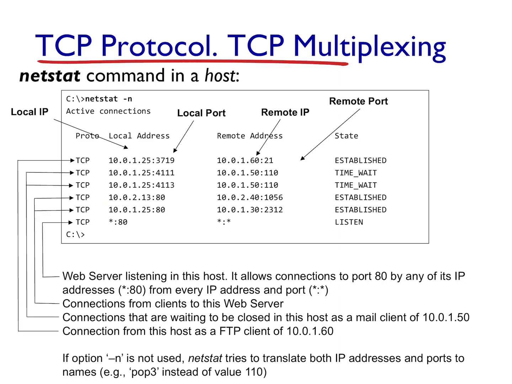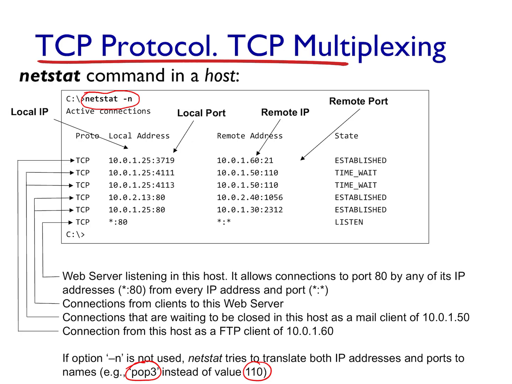Imagine that we have typed netstat -n in our terminal. If we don't use -n, the command will give us the possibility to see names for the IP addresses, if we have access to the DNS server, and related to the ports, for example, POP3 instead of the value 110, which is the number of the port.